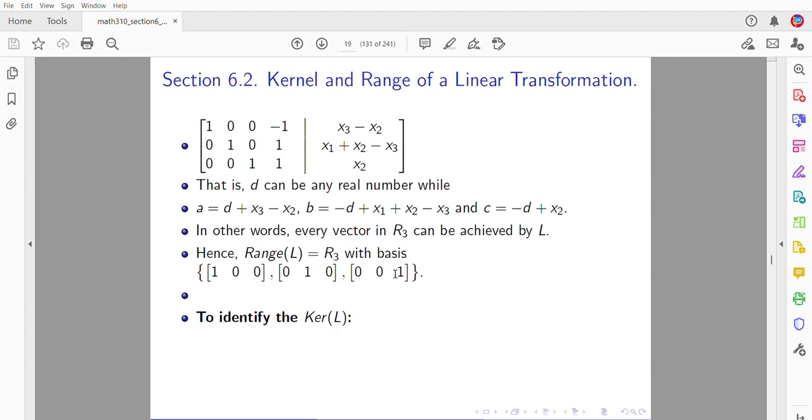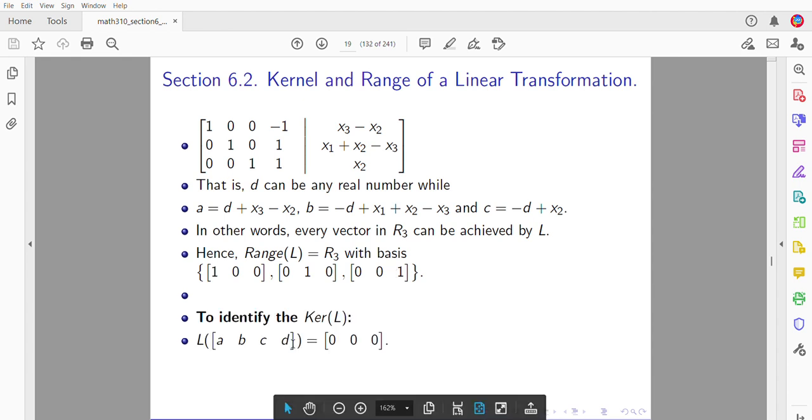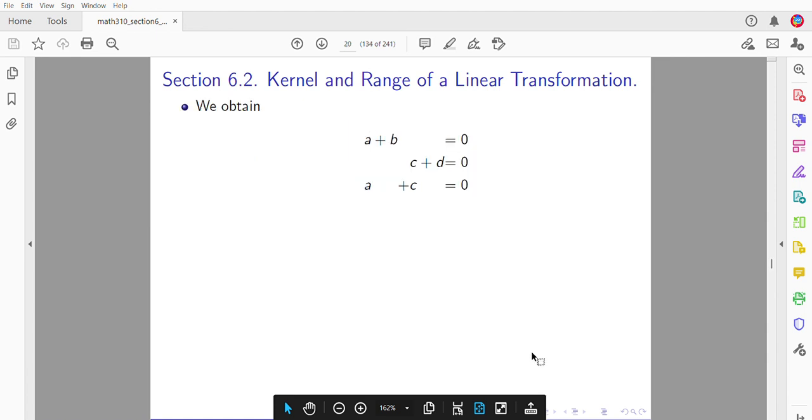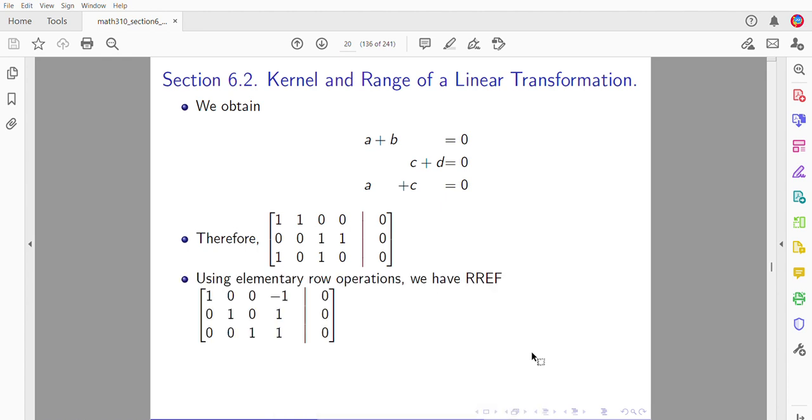What about kernel of L? L is here. Remember range is R3. What is kernel? Kernel is all those vectors who get mapped to 0. L of A, B, C, D is 0, 0, 0. That is A plus B, C plus D, A plus C equals 0, 0, 0. You get a system and you get an augmented matrix. Use the same elementary row operations.